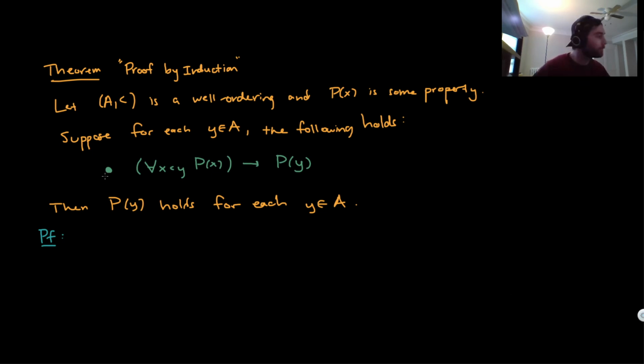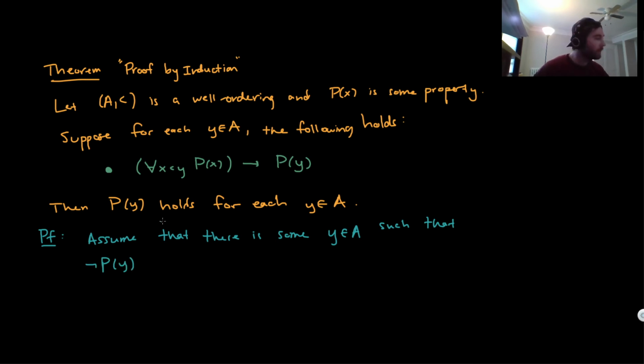But then our hypothesis would imply a contradiction. Let's write that out. So assume that there is some y such that P of y fails.